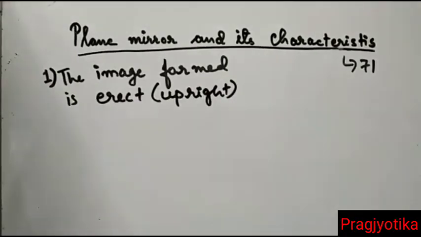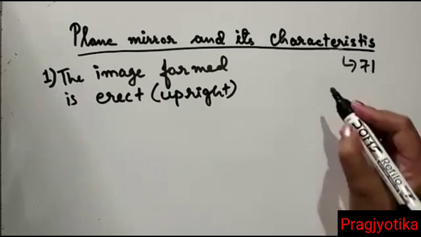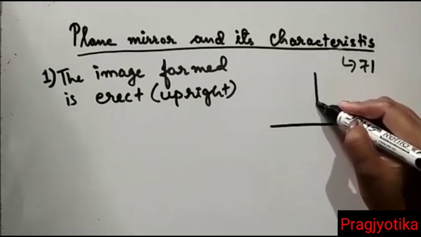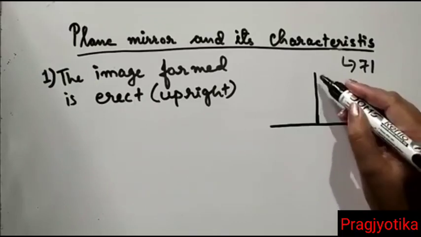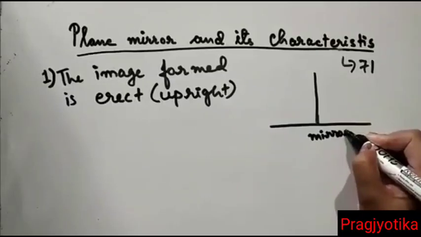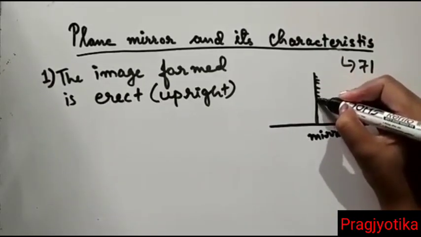To understand this characteristic, let's take an example. Suppose this is a flat reflecting surface, which means it is a plane mirror. So this is the mirror.